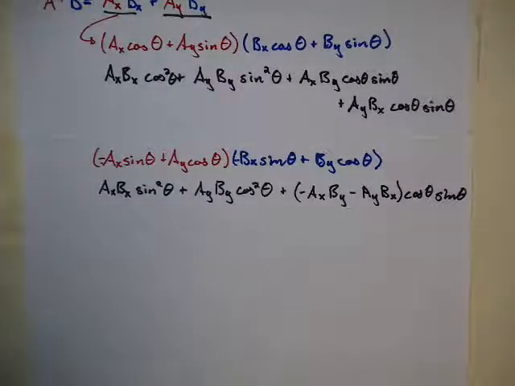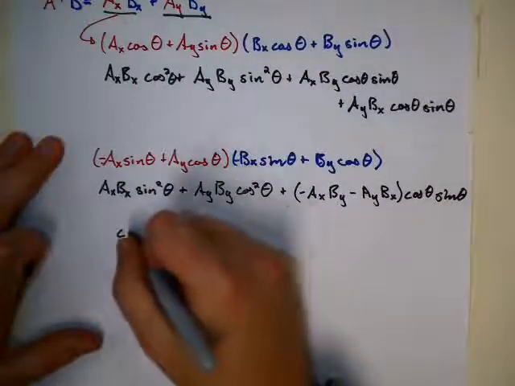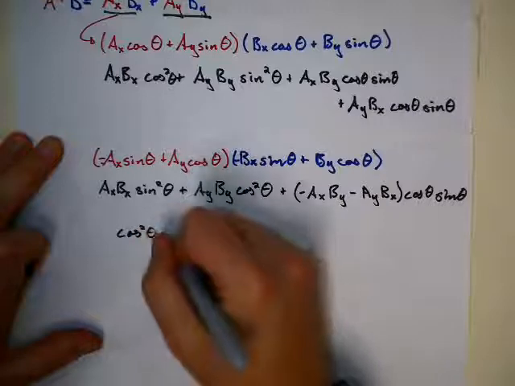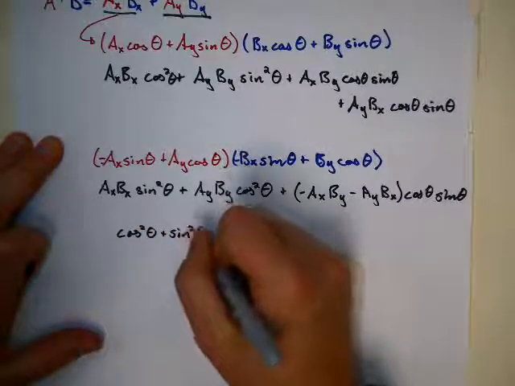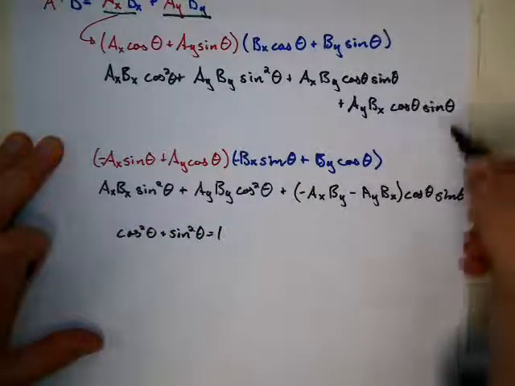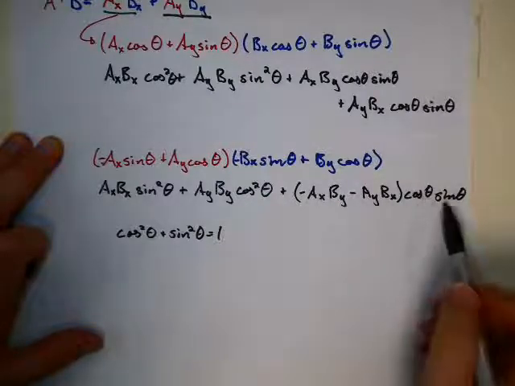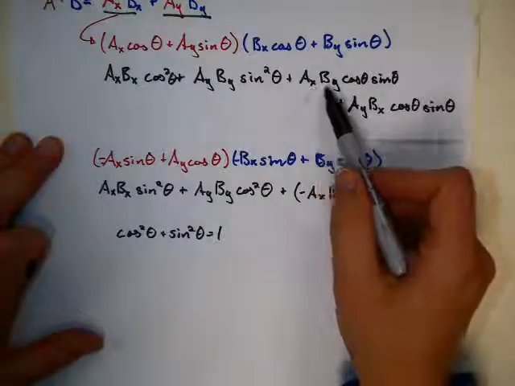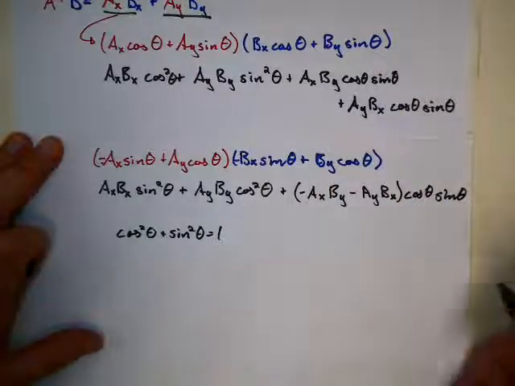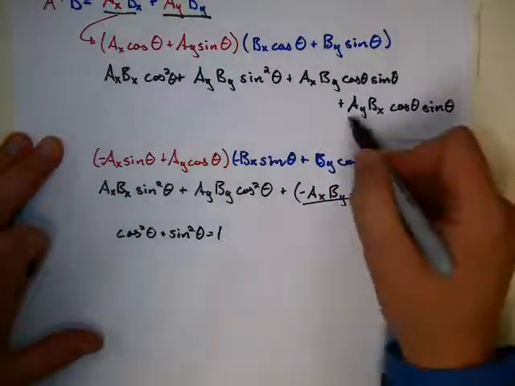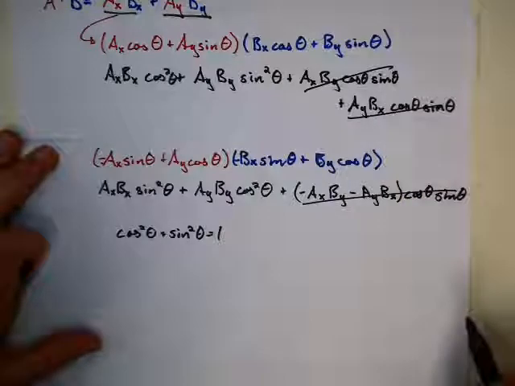When I sum these together, I'm going to use this identity that cosine squared theta plus sine squared theta is equal to 1. And here I'm going to get a minus AX BY cosine sine. Here I get a positive AX BY cosine sine. Those are going to cancel out. So those cancel with those.